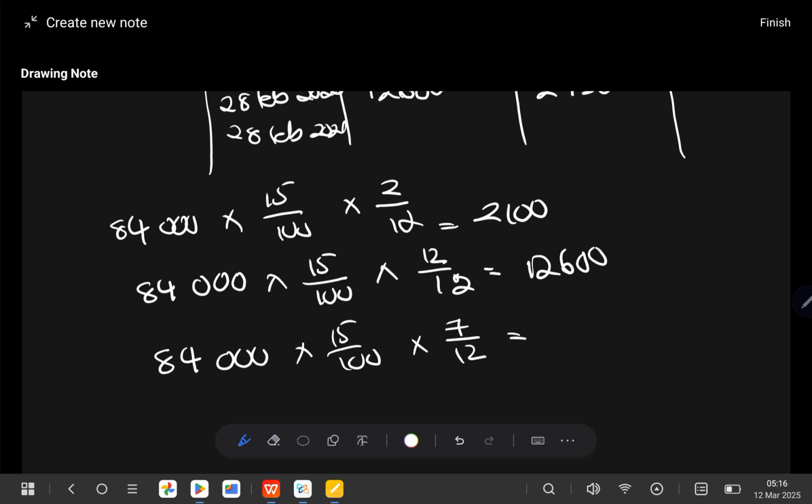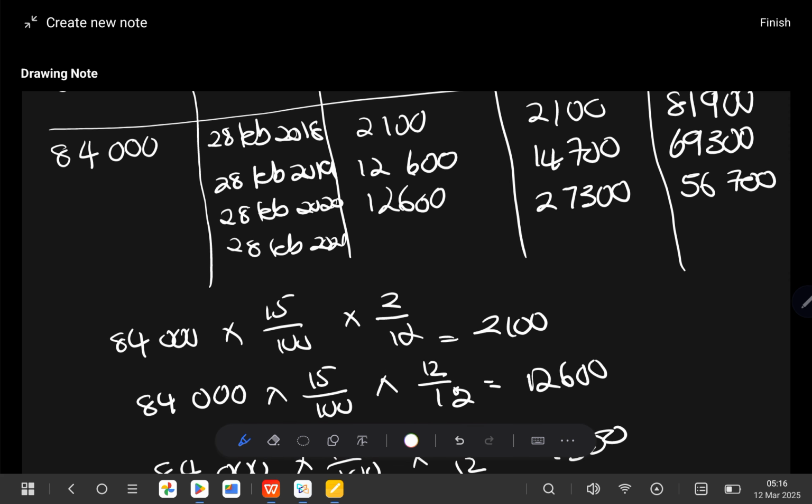It is giving us 7,350. So our depreciation for the year will be 7,350, and then remember, our accumulated will be 27,300 plus 7,350, which will give us 34,650.